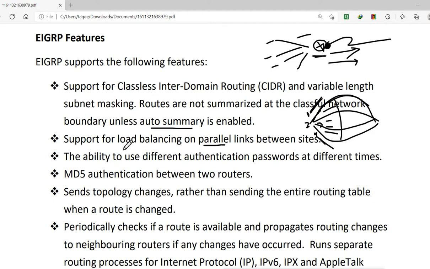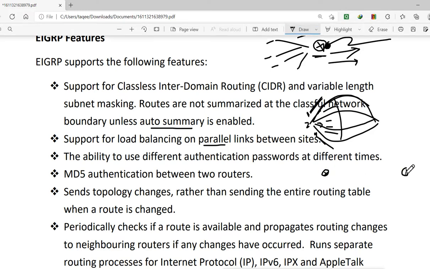But we have an option here in EIGRP. By default it does the load balancing on parallel links when the links are equal. But we can do what? We can do the load balancing on unequal paths also. For example, we have a network like this.